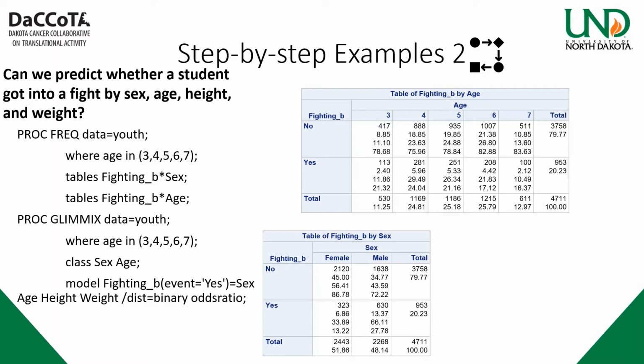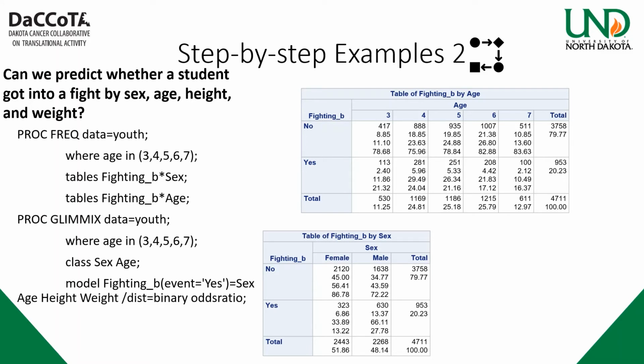And we see for ages, from the youngest age to the oldest, the percentage of those fighting, 21% shoots up to 24, back down to 21, and goes down from there. So it looks like the students who get in the fights the most are in age group 4. Looking at sex, between females and males, females get into fights about 13% of the time, while for males, that's over double. So these tables are really helpful to see kind of what we expect out of our data.